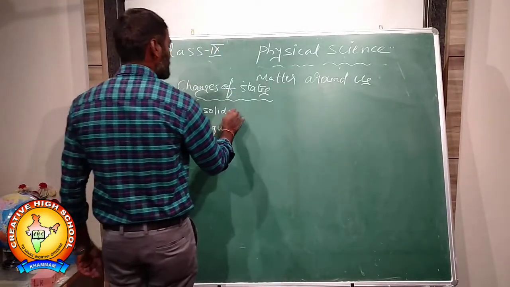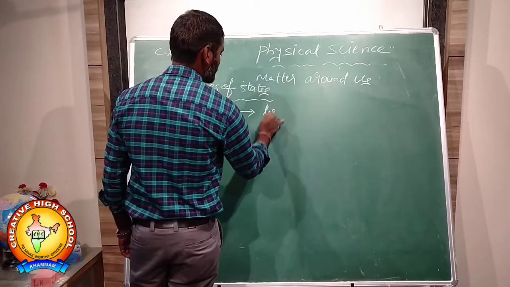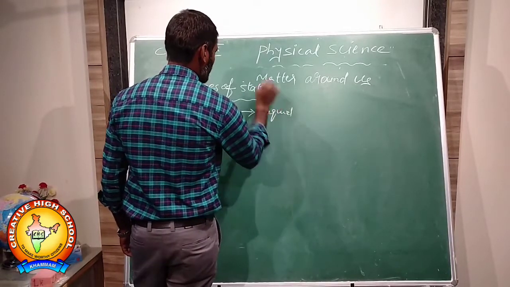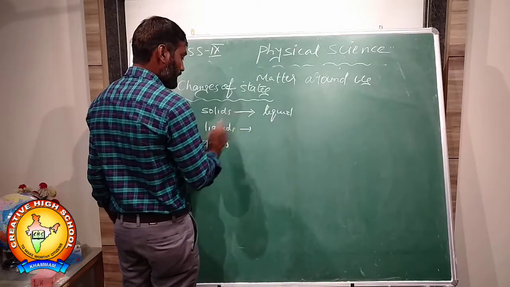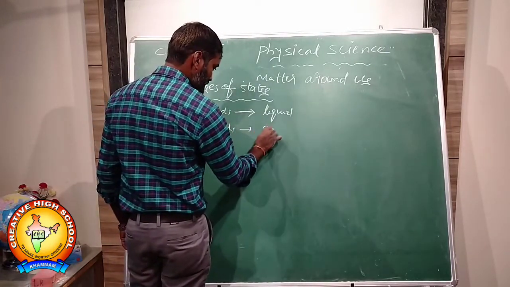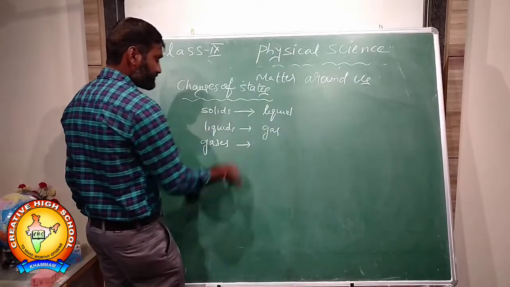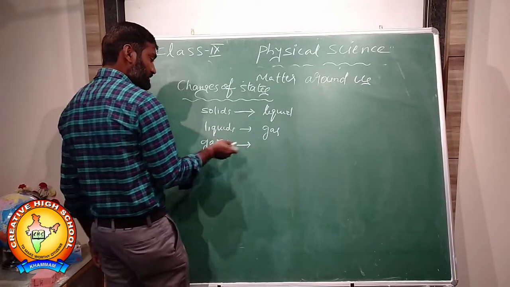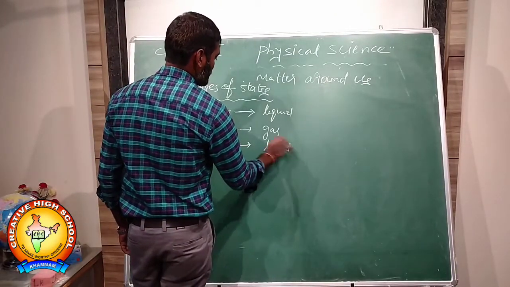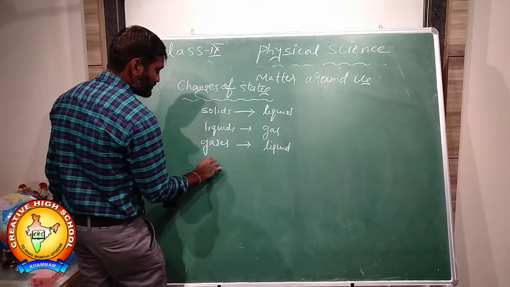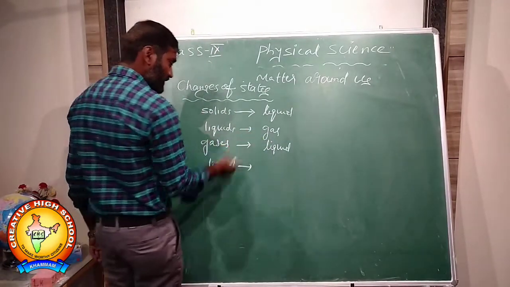For example, there is a chance to change from solid to liquid, from liquid to gas. Gas may change to liquid also, and liquid may change to solid.